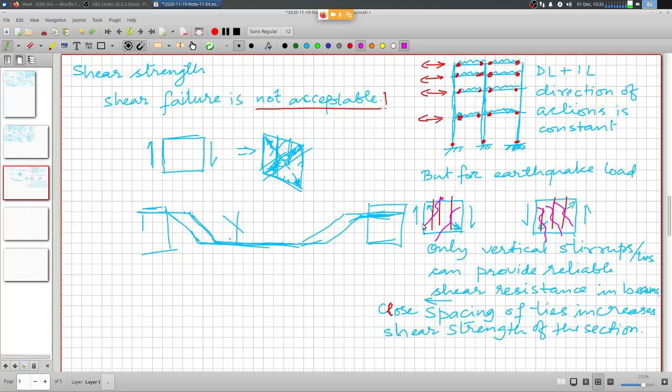And obviously the lateral ties have to be designed properly. They have to be at sufficiently dense spacing and of sufficient dimension, sufficient cross section area. The stirrups should not yield.